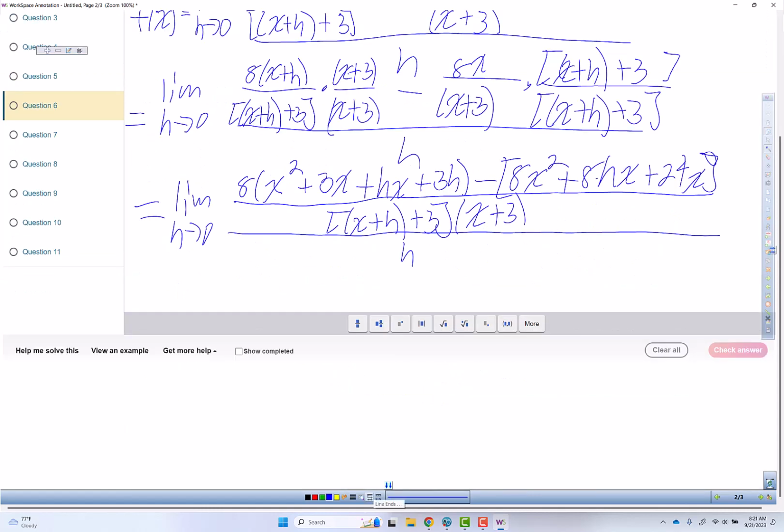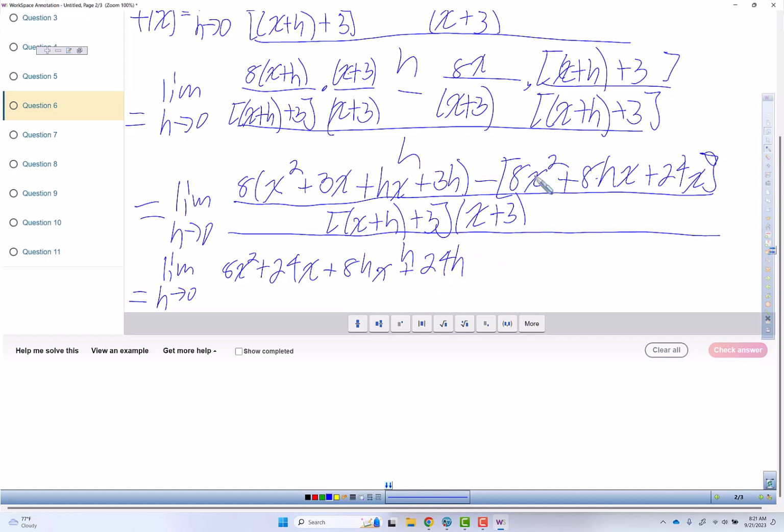So now I'm going to take the step of distributing this out. So that's the limit as h approaches 0 of 8x squared plus 24x plus 8hx plus 24h.